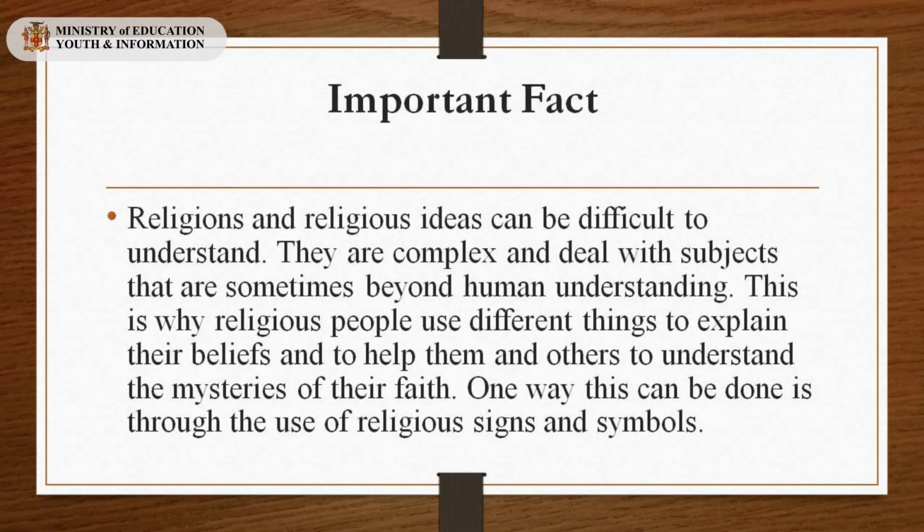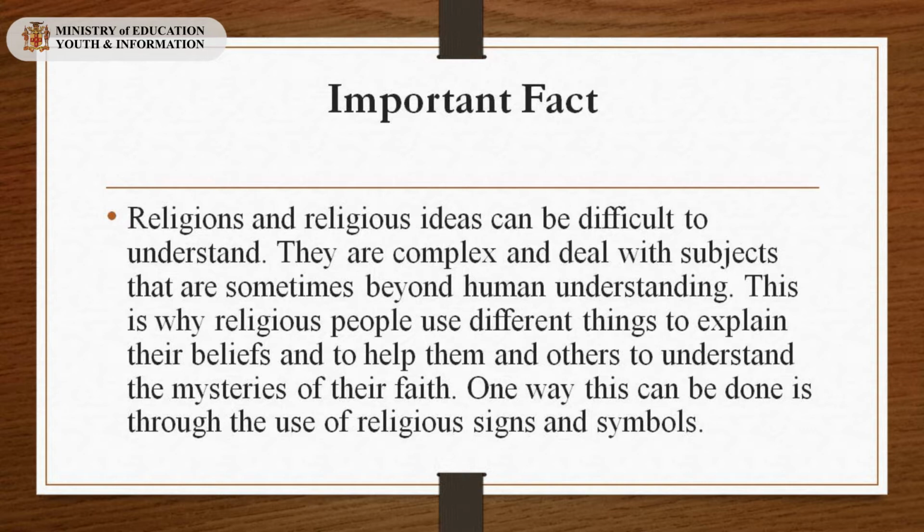Did you know that religious people also utilize large amounts of symbols to represent their beliefs? Oh yes. Signs tell them what to do, and symbols tell them what to feel. In fact, there was a time when symbols dominated everywhere and everything. They were like cultural codes. Religions and religious ideas can be difficult to understand.